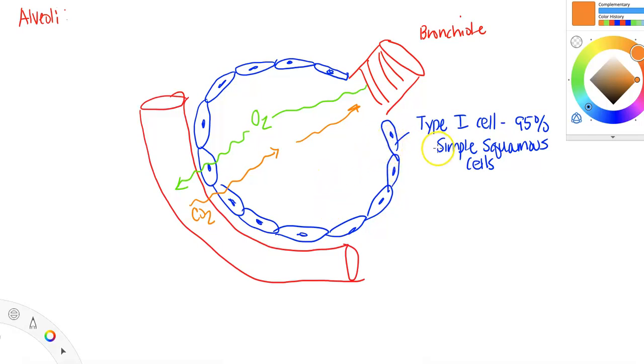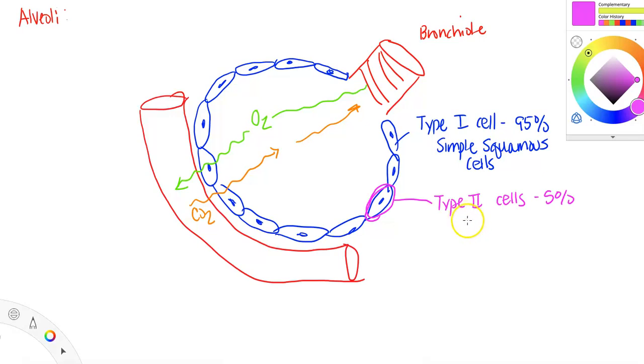All right, so the other 5% of cells are called type 2 cells. So this makes up 5%. And these cells are special cells. So I'm going to make that a type 2 cell.